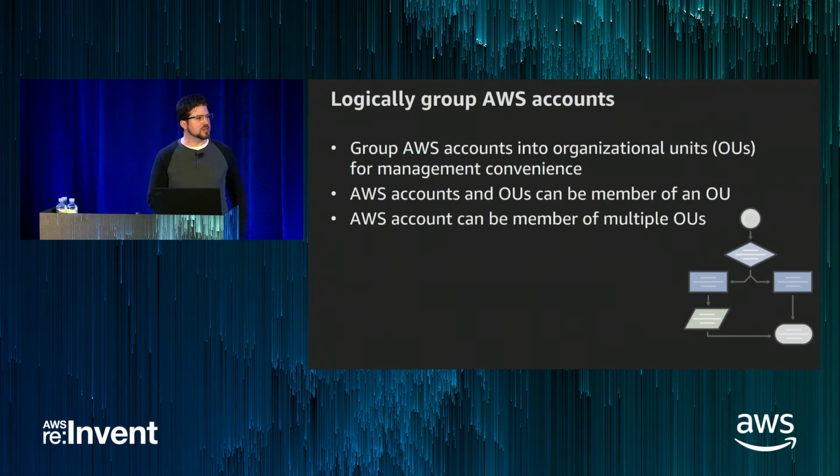So how would we logically group accounts in an AWS organization? The way that Organizations works is that you create logical organizational units, or OUs. For folks that are familiar with an Active Directory structure, the schema is very similar. You would create nested containers, or OUs, within your domain, and that's where we're going to actually place the accounts. An account can be a member of multiple OUs, and we're going to see why that's really powerful in a second.